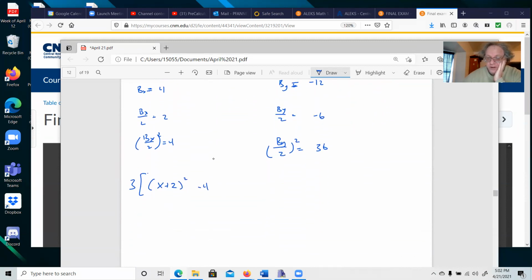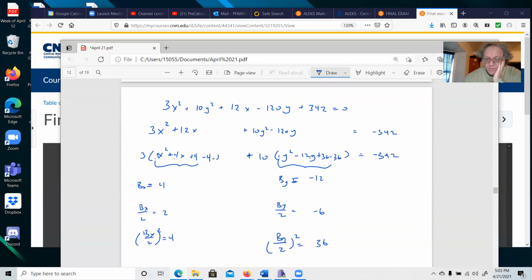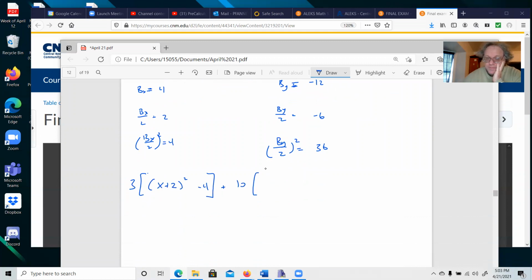I just didn't know what to do with it just yet. Plus 10. And then here, we're going to complete the square. y squared minus 12y plus 36 is the complete square, and that is y minus 6 squared. And we have minus 36 here.